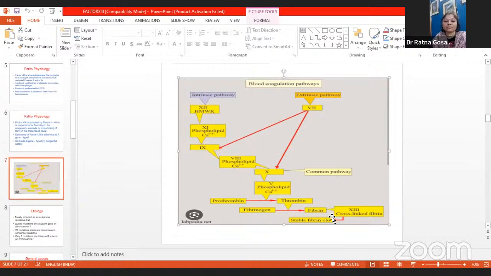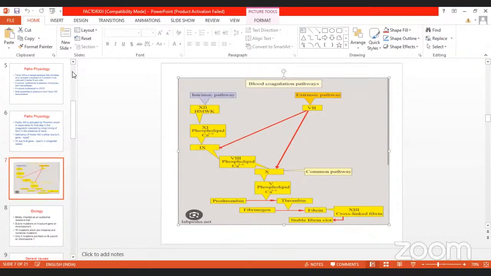Hope I am clear. Yes, madam. In some cases where internal bleeding is there, the coagulation mechanism will be in an active process every time, and factor 13 will be utilized in the body. In those cases, we go for PT and APTT, and when normal, the patient will be taken for surgery.